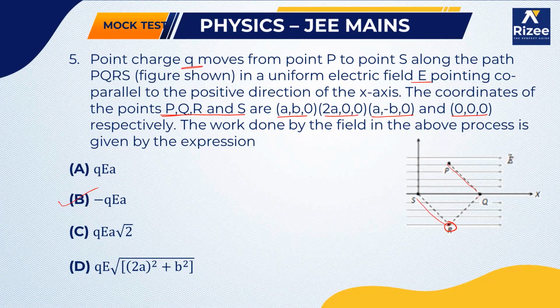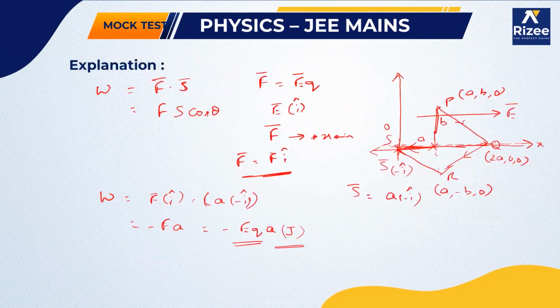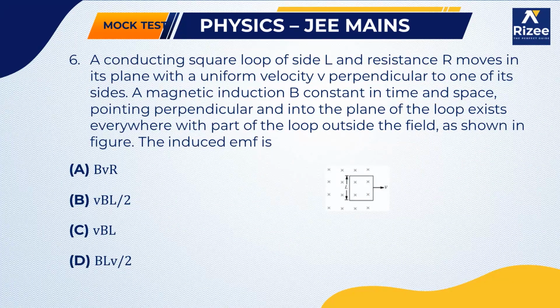That is question number 6. According to this question, a conducting square loop of side L and resistance R moves in its plane with a uniform velocity v.